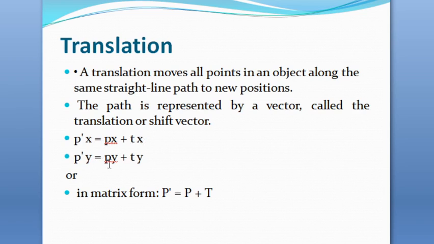P dash y equal to py plus ty. tx and ty are the incremental values. This is the destination point moving by a particular x incremental and y incremental value. In matrix form, it is represented as P dash equal to P plus T.